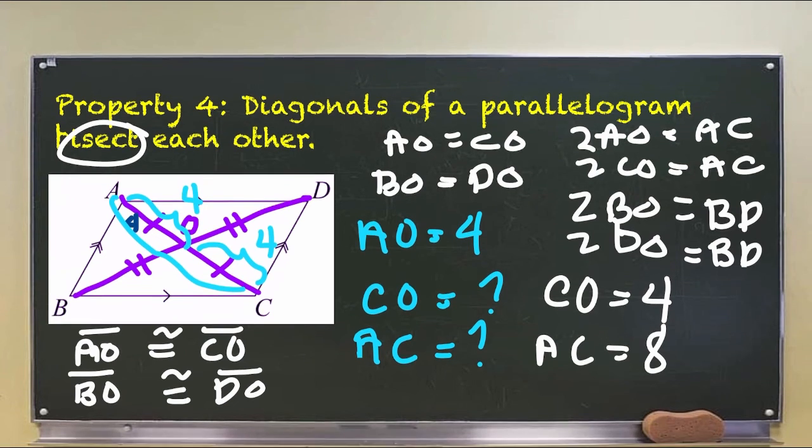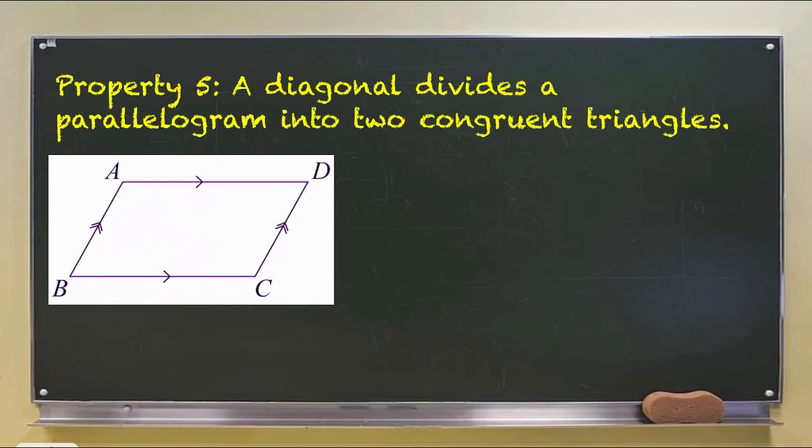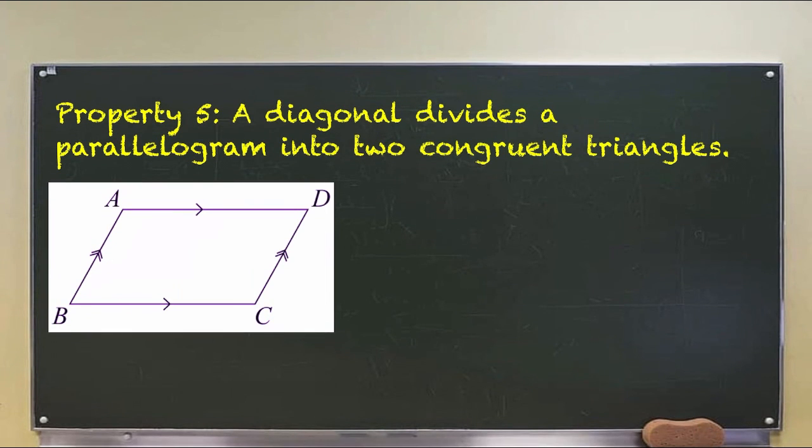Now, sa property 5, we have a diagonal divides a parallelogram into two congruent triangles. Let's draw a diagonal. Ano nga ulit yung diagonal? AC or BD. So, i-draw natin yung diagonal na BD. Nahati siya sa dalawang congruent triangles.